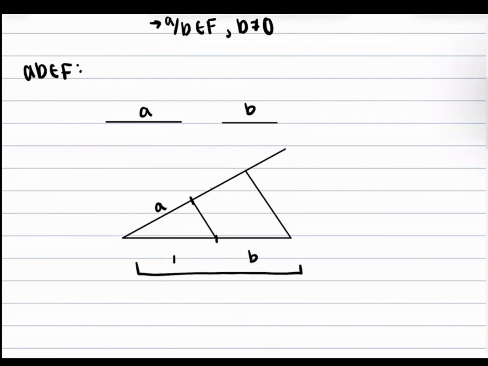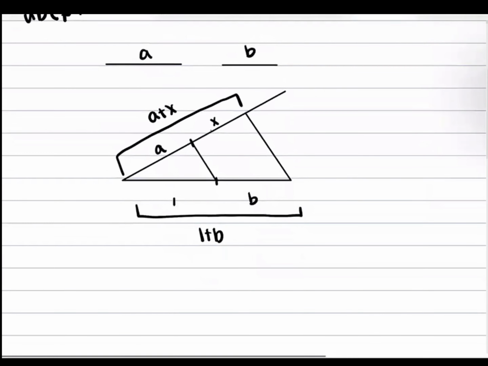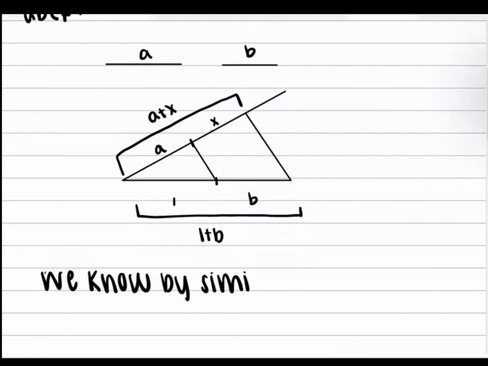I'm not going to prove it, but it is true. And thus we can also mark off that we know where B is, and thus we know that the 2 above and below line segments are A plus X and 1 plus B. So we know by similar triangles that the following is going to be true.